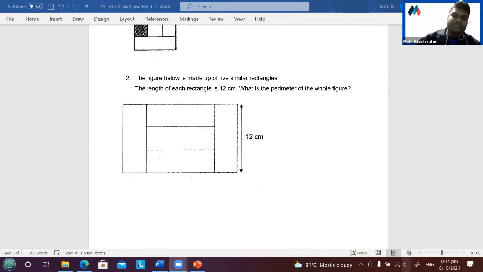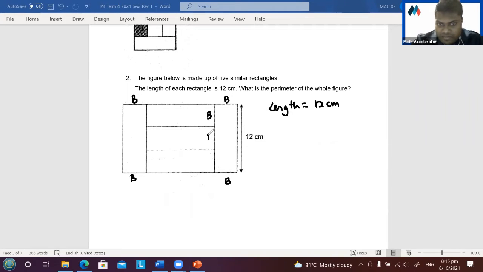Okay. So again, we're going to associate length with breadth. Now the length, as you know, write down, length equals 12 cm. So go and look at this diagram. Can you go and see where all the breadths are? Go and put it down. So here's also the breadth, breadth, and breadth.